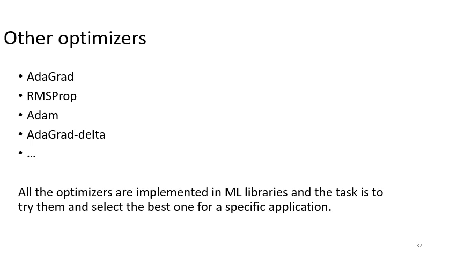Anyway, there are many optimizers that you can use, and they are easily found in different libraries implementing deep learning models. These optimization algorithms are readily implemented in machine learning libraries, as I have said, and the task is to experiment with different optimizers and select the one that performs best for a specific application. The choice might depend on factors such as the dataset, model architecture, the nature of the optimization problem, and so on.